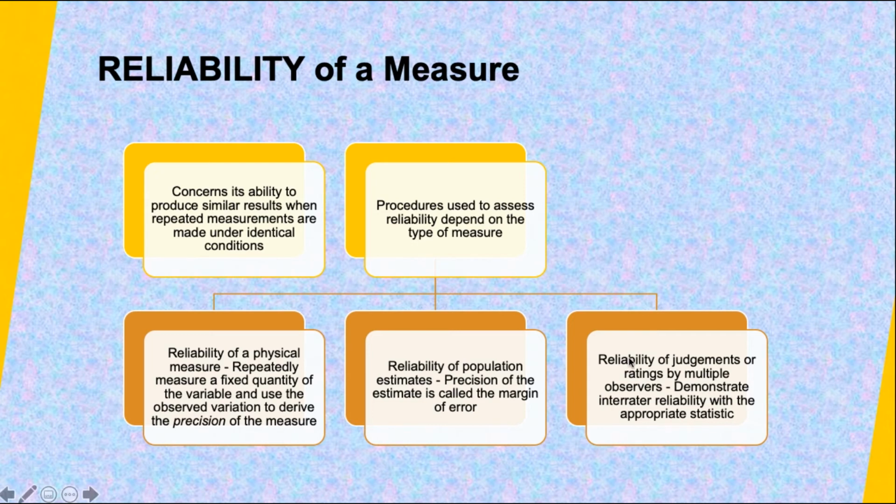And the last one, reliability of judgment, assessing reliability of measures. Here, when the measure being made consists of judgments or ratings by multiple observers, you can establish the degree of agreement among observers by using a statistical measure of interrater reliability.